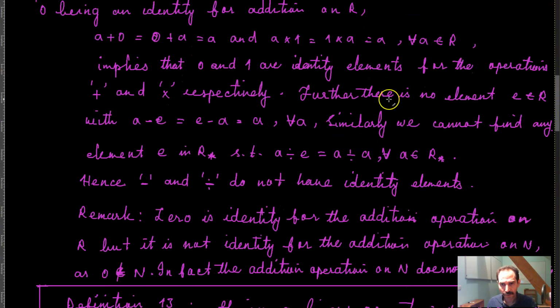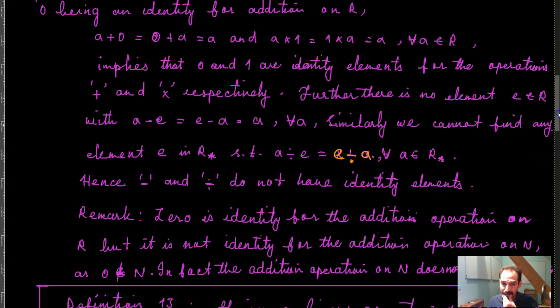Furthermore, there is no element E belonging to R with A minus E equal to E minus A equal to A for all A. Similarly, we cannot find any element E in R star such that A divided by E is equal to E divided by A is equal to A for all A belonging to R star. Hence, subtraction and division do not have identity elements.